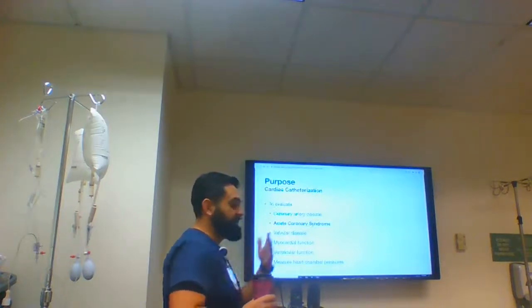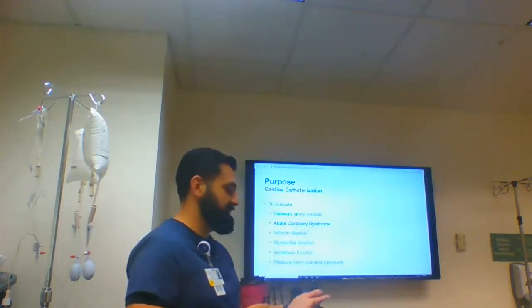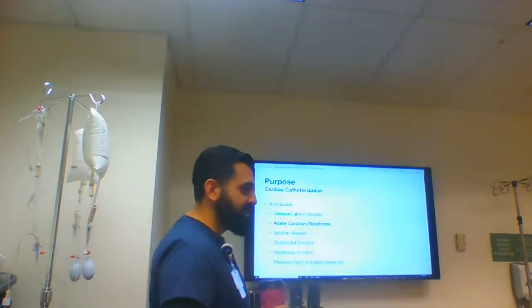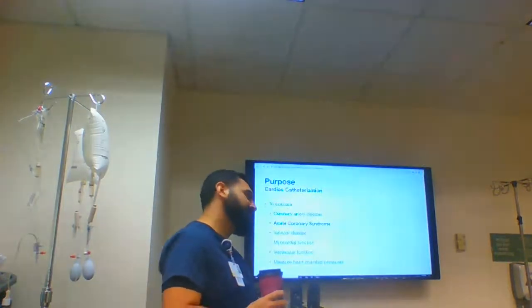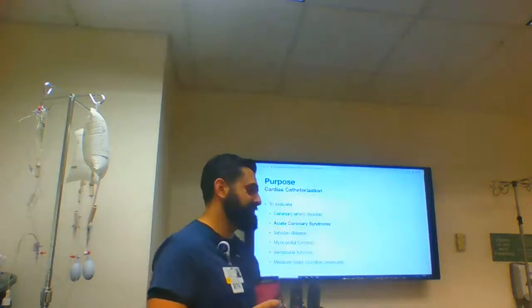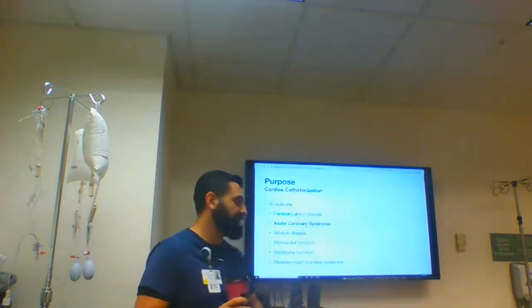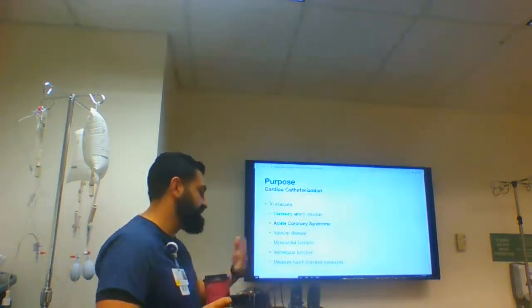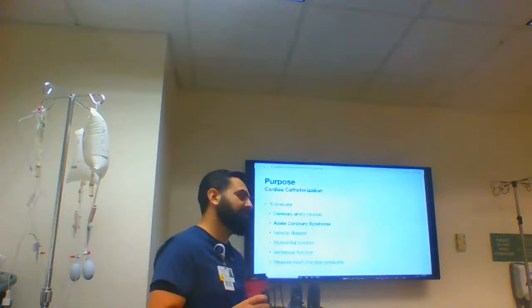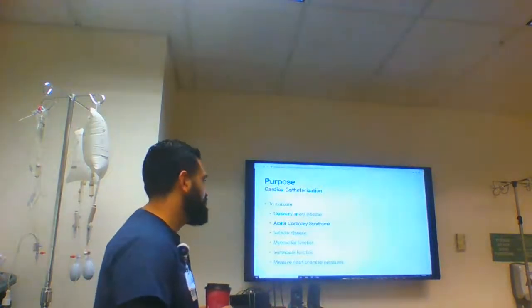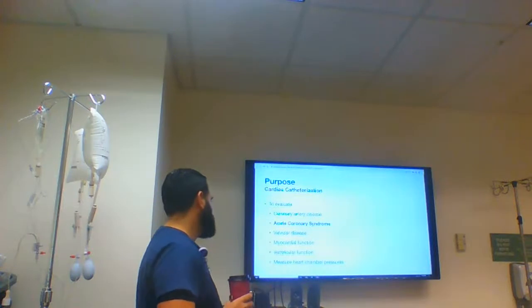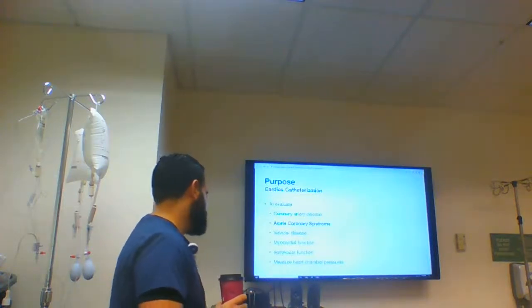Sometimes we get a report from the cath lab and they say, "Oh man, they didn't give me the EF," or they just said EF normal. Well, that one's different, but they don't always go for an EF. If the patient doesn't meet criteria to check for that, then there's no need to do that exam. And of course, we can measure heart chamber pressures.